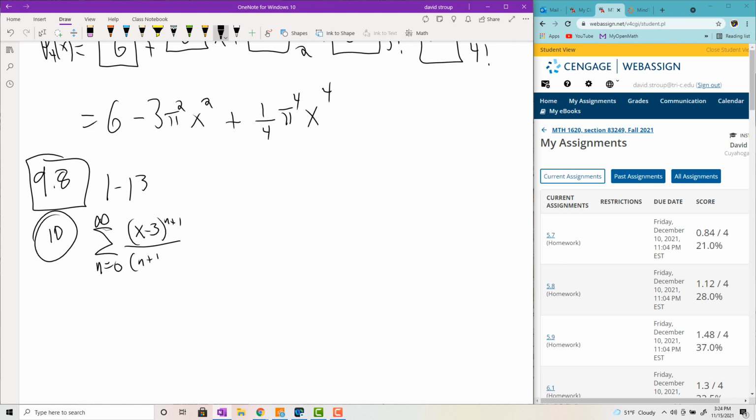So anyways, n plus 1 times 7 to the n plus 1, right? We use the ratio test. So I go through and replace n with n plus 1. This will be n plus 2 over n plus 2 times 7 to the n plus 2 times the reciprocal of a sub n.